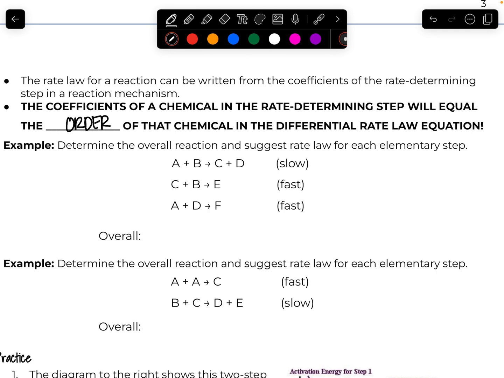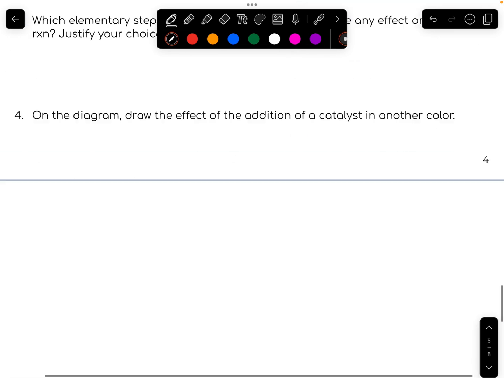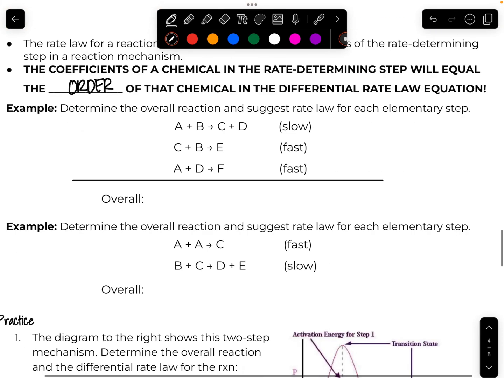So if we take a look at this example here, let's first start by writing out the overall reaction, and then we're asked to suggest a rate law for each of the individual elementary steps. So our slow step is step 1, so we need to keep that in mind for when we work on rate laws, but let's just start with the overall reaction. I see C get produced in step 1 and consumed in step 2.